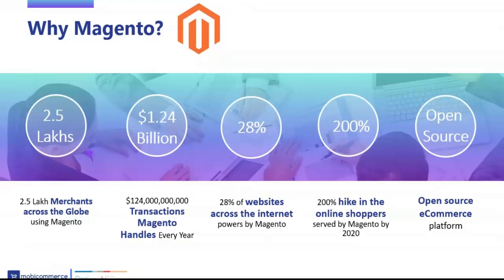You can get assistance directly from the web-available Magento community, and there are more than 250,000 merchants across the globe. The transactions happening on Magento are in the range of 1.2 billion dollars, and more than 28% of websites are actually powered by Magento itself. We believe this statistic is specific to e-commerce.